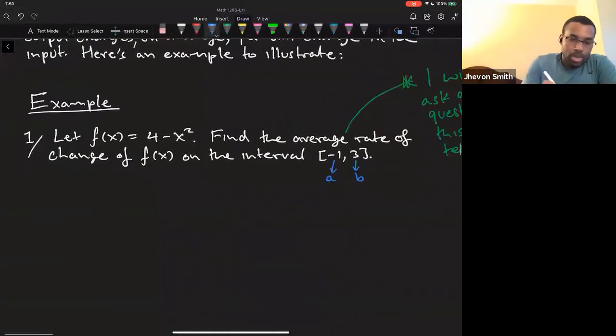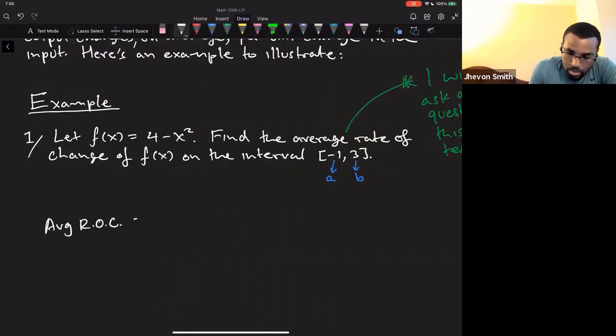So if I wanted to compute the average rate of change, this is going to be f of b minus f of a over b minus a.